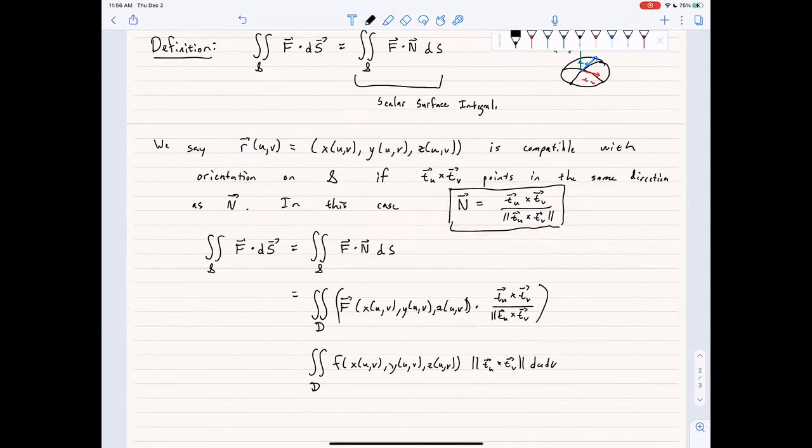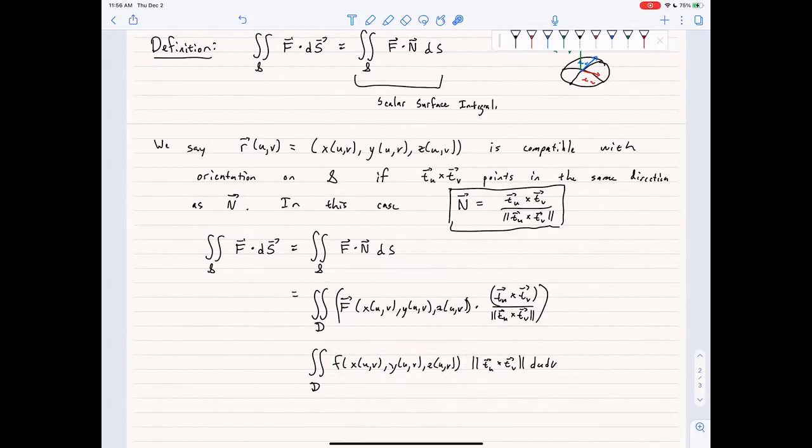This is a vector here, and I'm dotting it with another vector here for any u and v. That gives me a single scalar. That's my f here.